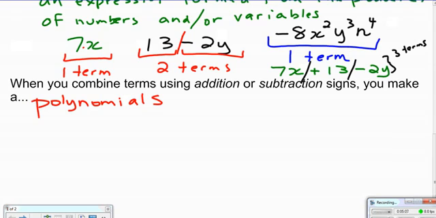And so we could have something like 3x plus 7. So we have 2 terms. That's a polynomial. Actually, I think I'm going to flip to the next page and we'll go through these a bit more with some more examples.